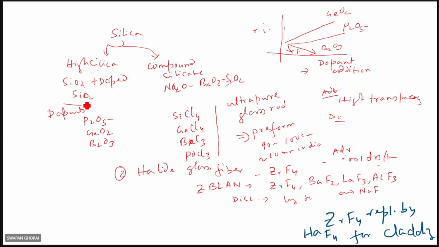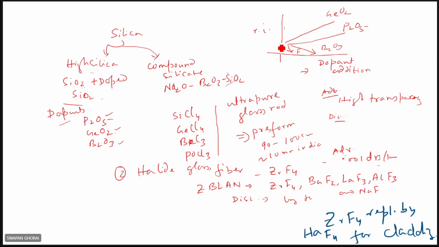What are the dopants? Phosphorus pentoxide, germanium oxide, boron oxide. If you use these dopants in the silicon oxide, then the refractive index can be varied. Now the question is, which oxide or dopant will increase the refractive index, and which will decrease it?